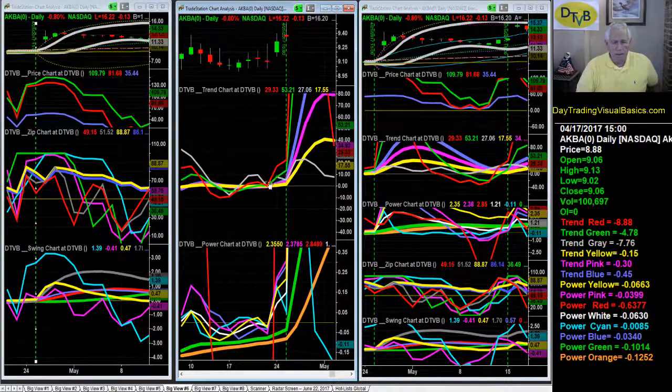But the trend red and trend green are in a down up up pattern, which is basically a BOC 2-day pattern, and the same is occurring in the power chart down here, where we have the yellow, pink, blue, and white.